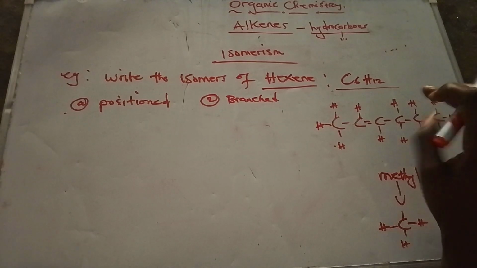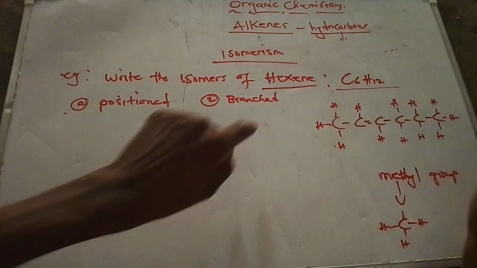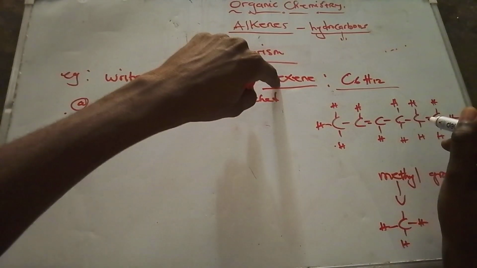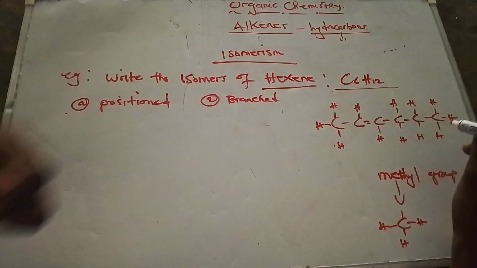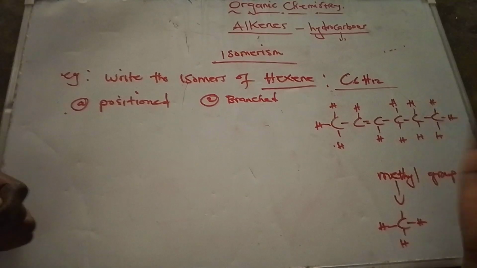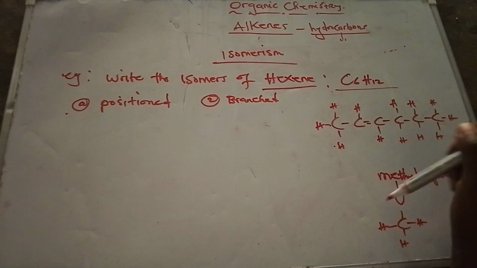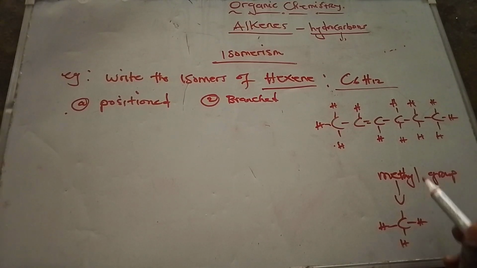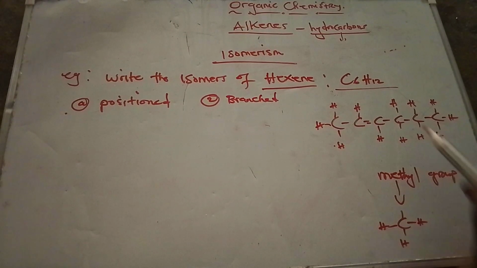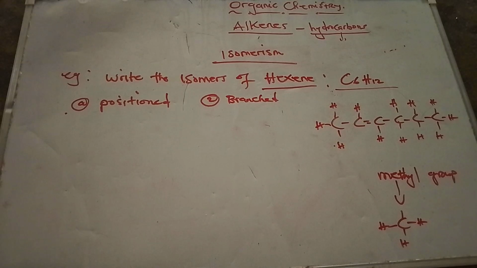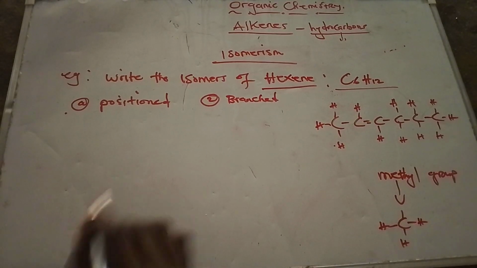If I write this under the branched one, the parent name of hexane will move one step backward. It will go to pentane. When you use a branched isomer with a methyl group, the parent name changes from the original parent name to the name which is behind the original one.